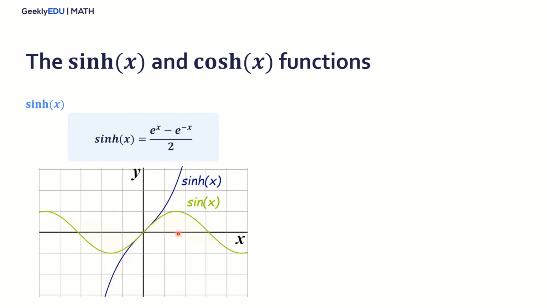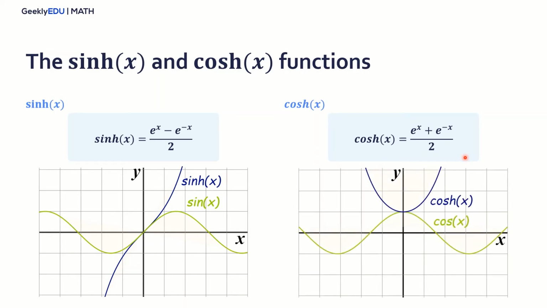They have different values. If you calculate the hyperbolic sine of x and the tangent of x, you will get different results. Now, the hyperbolic cosine is pretty similar also, but instead of a negative sign, we have a positive sign over here. So it's e to the x plus e to the negative x over 2. If we plot this graph, we have this blue line over here.